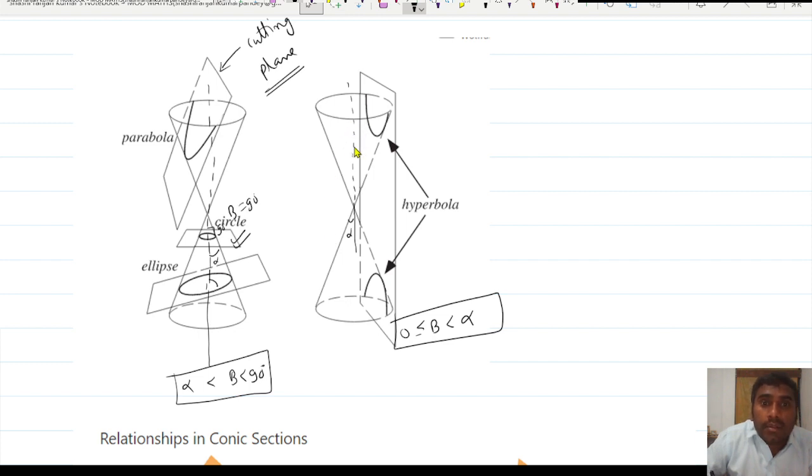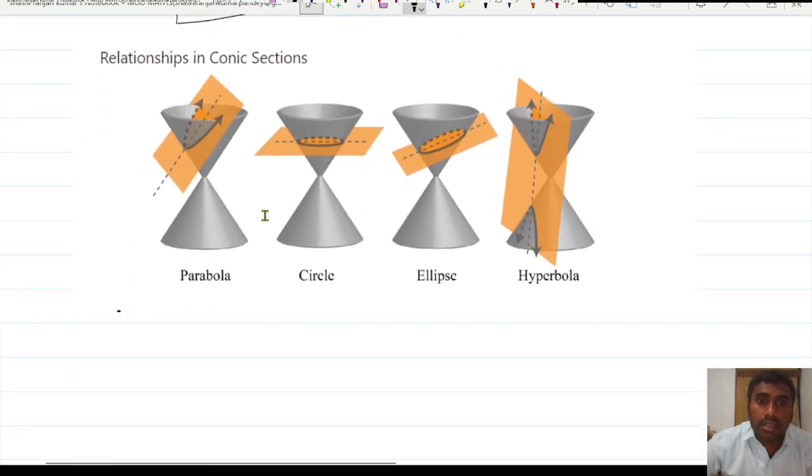Beta is the angle between this axis and this plane. Don't get confused here. As you can see, alpha will be greater than beta, so a hyperbola will form. You can see the same relation here in the 3D format: the parabola, ellipse, circle, ellipse, and hyperbola.